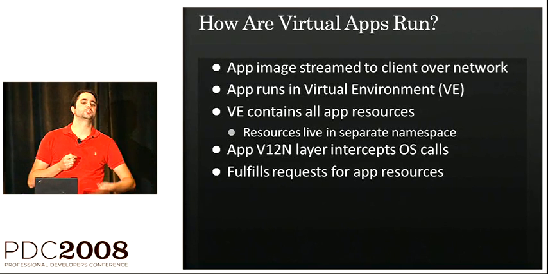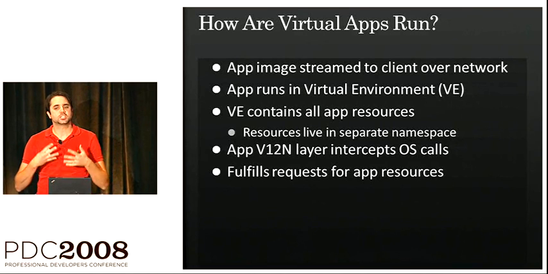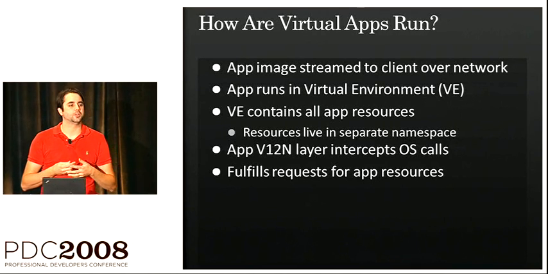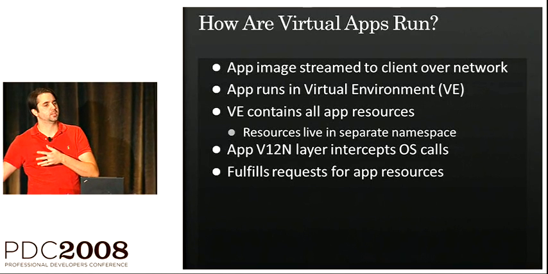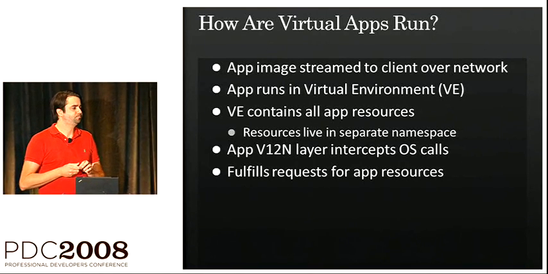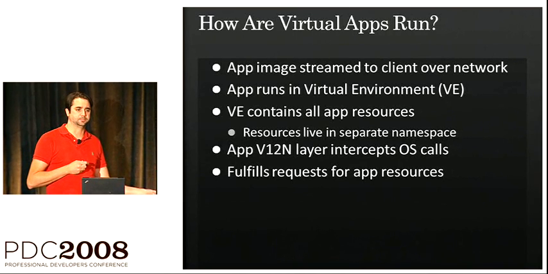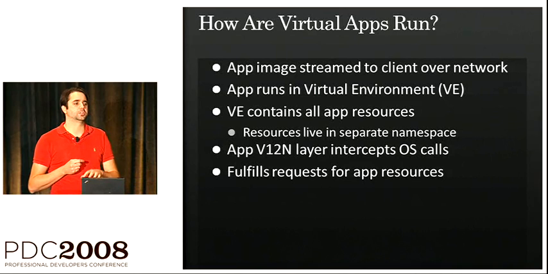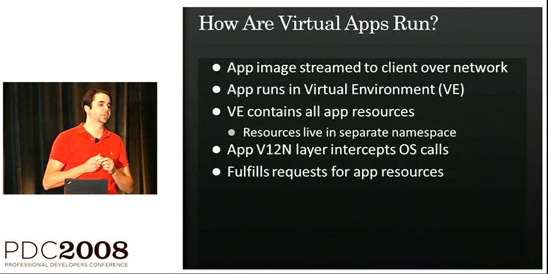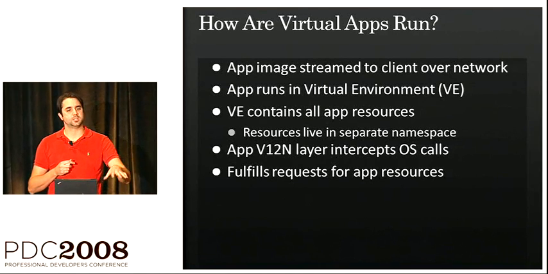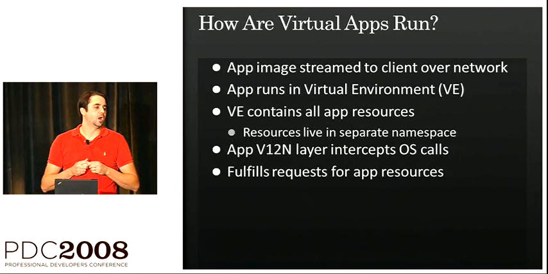If it's a virtual resource, we handle the request and give the response to the application just like it would get if it was locally installed. If it's a native resource, we allow it through to the native system, because those virtual applications still need to be able to see everything on the local system. So if there are other components that are locally installed, the application can see and access them just like it always would.